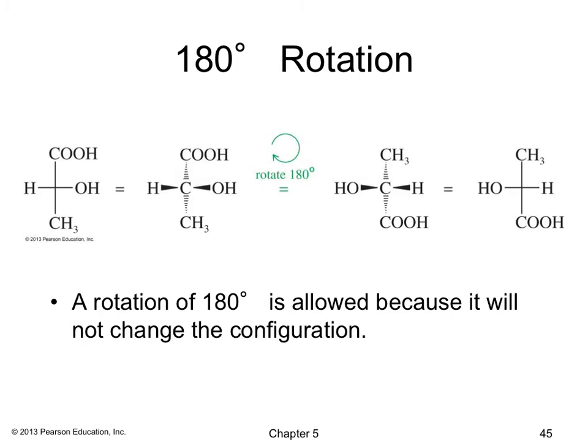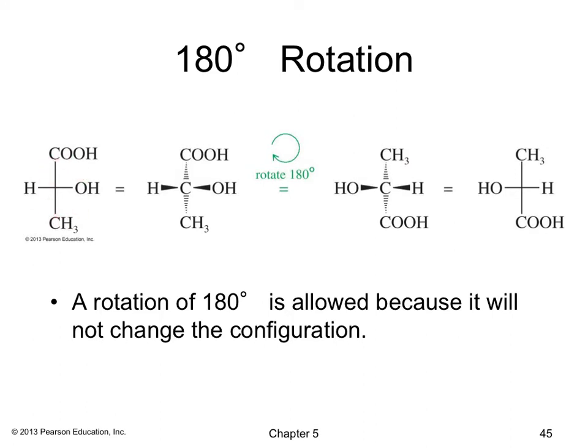We can determine its rotation, whether it's R or S. Again, you do 1, 2, 3. This is going in the counterclockwise direction, but because the H is coming out, you assign the opposite, so it's going to be R.